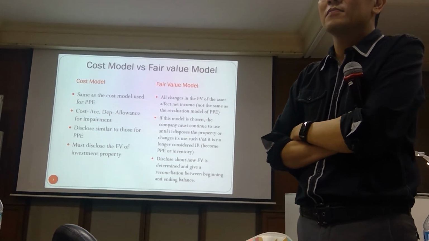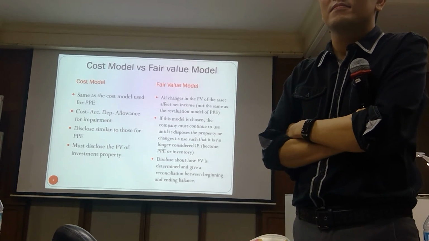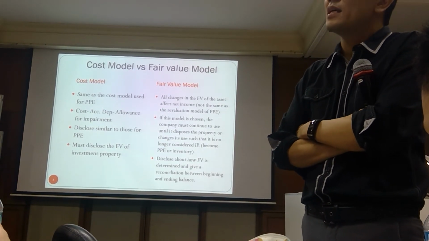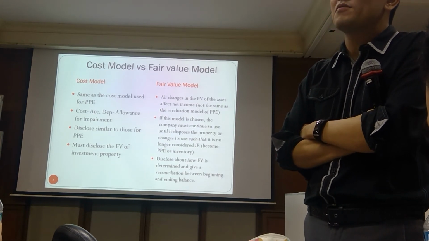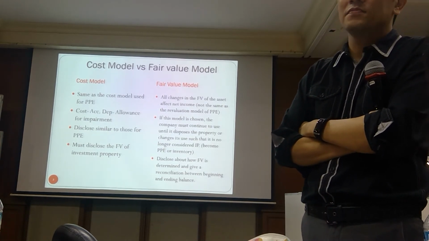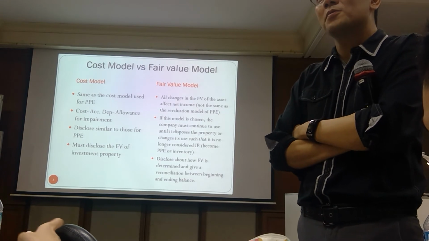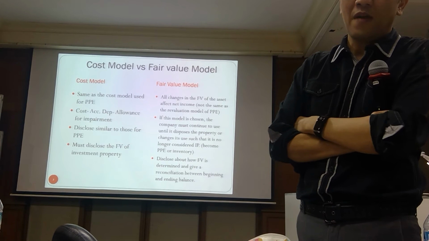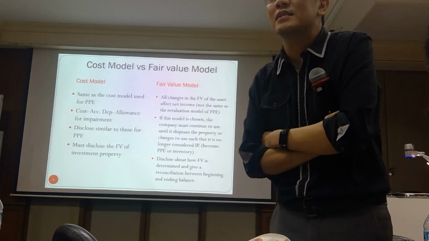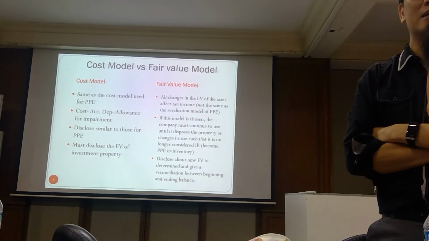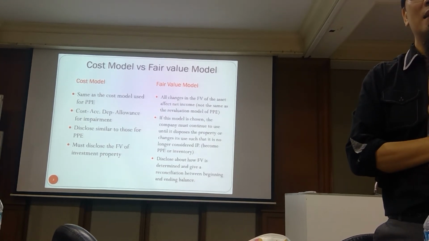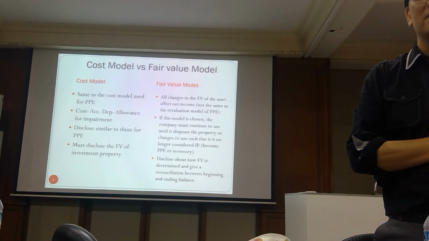Let's suppose on the statement of financial position, we have investment property reported at 10 baht. Fair value says 15 baht. If you find out the value like this, how can you adjust the numbers? You simply add the asset up by 5, and what is on the other side?